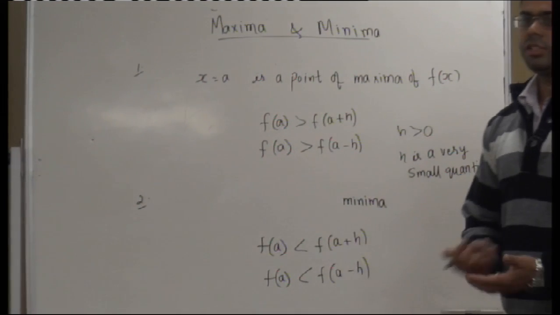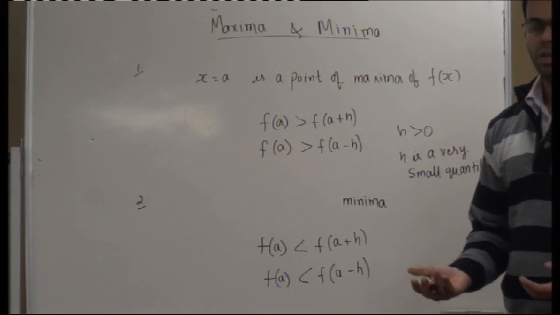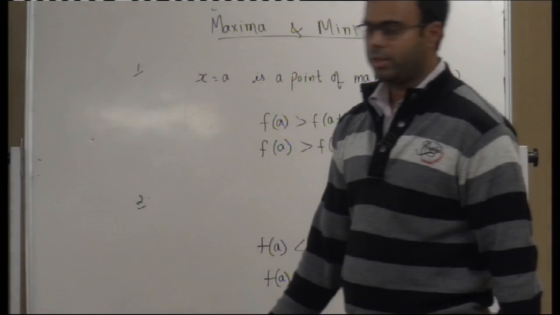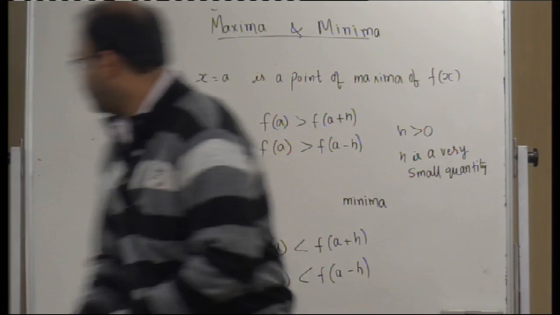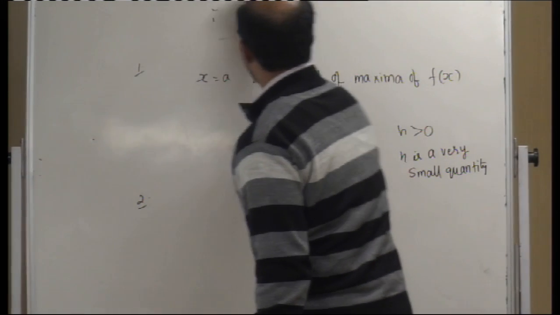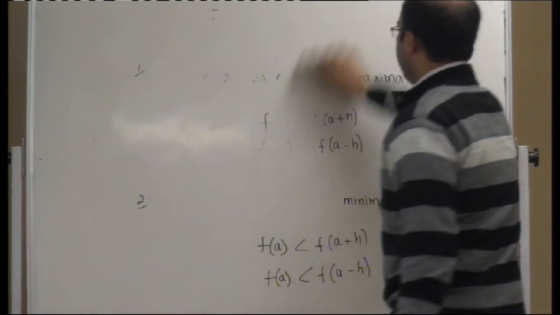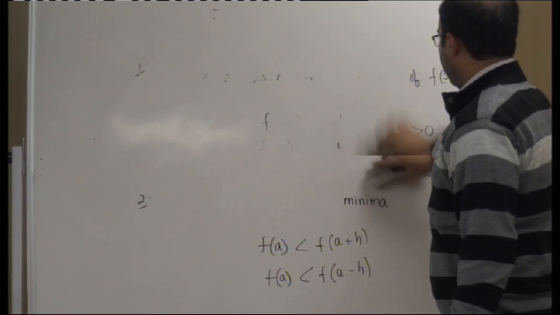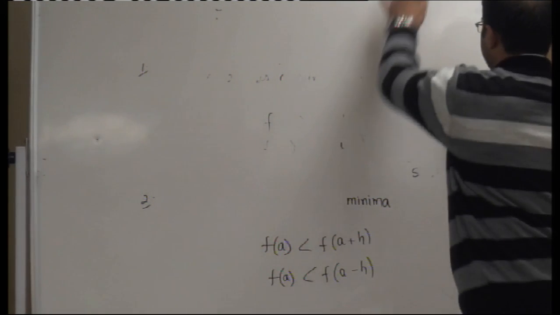Now this definition has been used in various questions, even in an IIT JEE question. The question was like this: a function was given. Let me write the function for you.